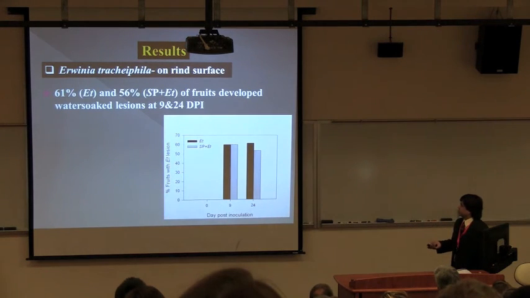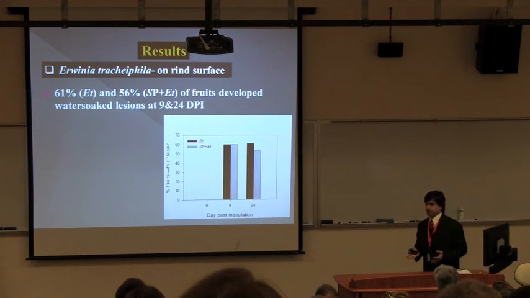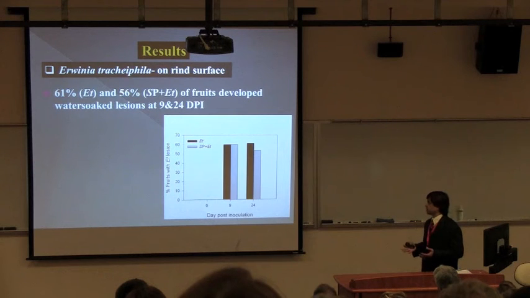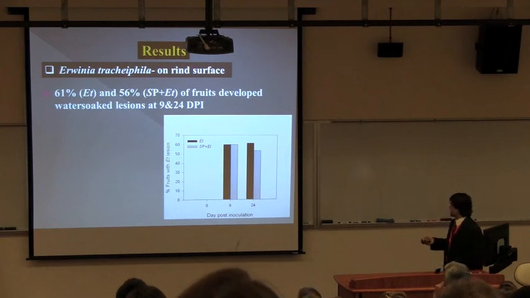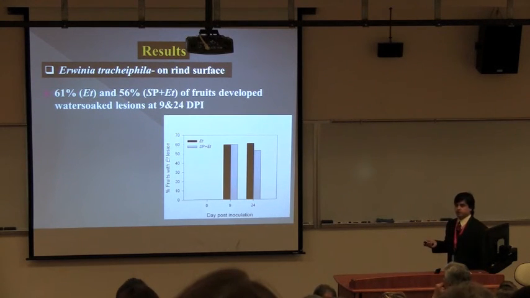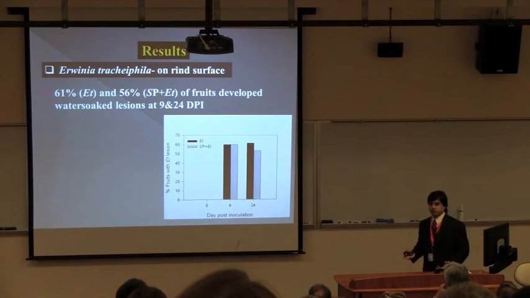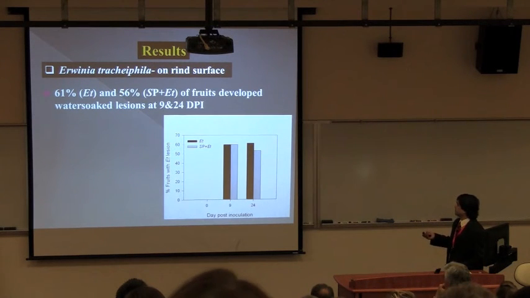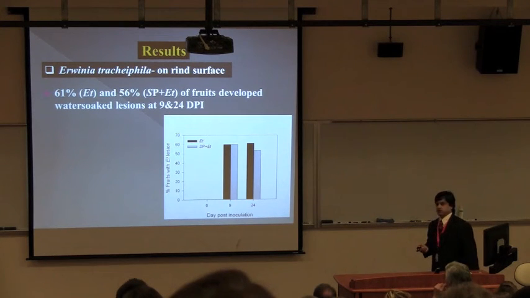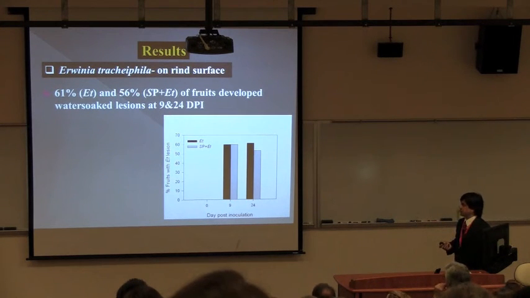So we found that there was not much difference in the number of fruits with water-soaked regions, whether the plant pathogen alone or both the human pathogen and plant pathogen were inoculated. At day 9, about 61% of the fruit samples inoculated with the plant pathogen only had lesions, and when both of them were inoculated, we found 56% of the fruit had lesions.